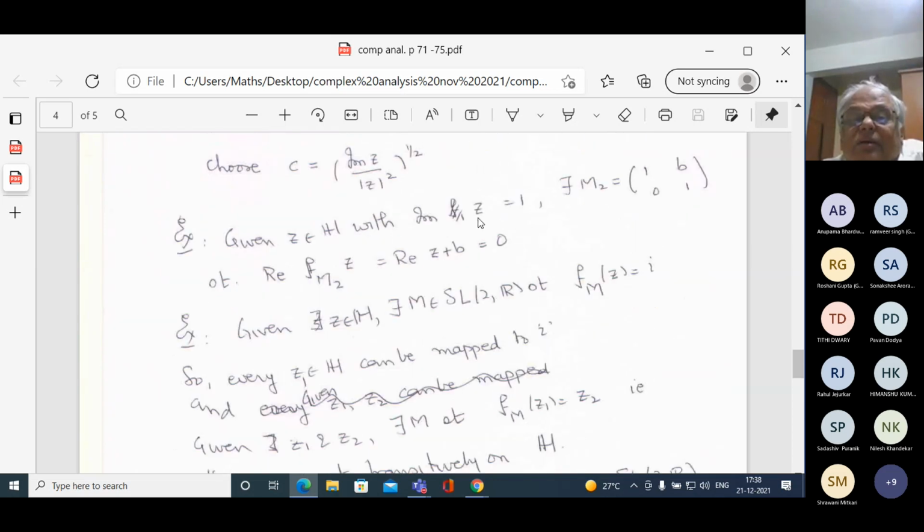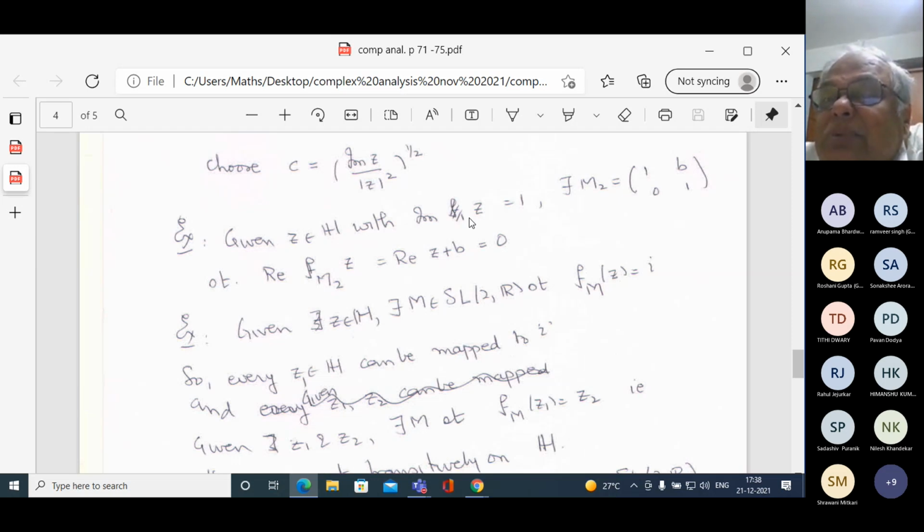Given z with imaginary part of z equal to 1. If the imaginary part of z is equal to 1, that means it's on that horizontal line, y equal to 1. So it has some x component, and therefore I can translate it by a real number so that the real part of that is 0. So remember, what does this matrix [1 b; 0 1] do?